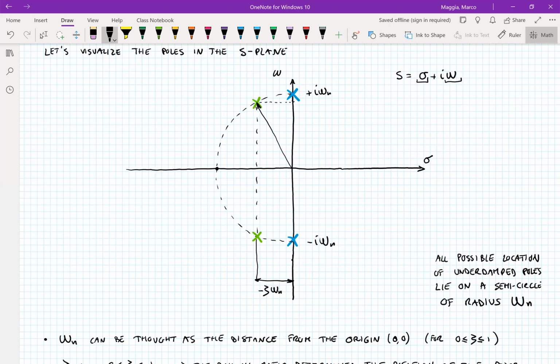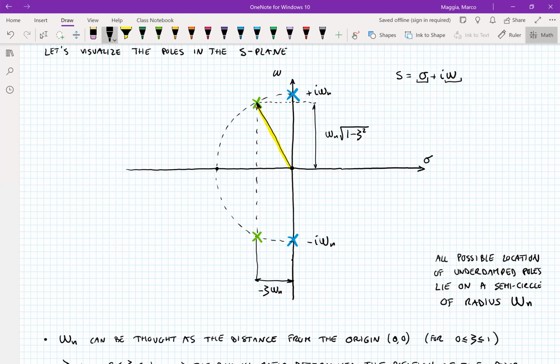And the y coordinate is instead, in other words, this distance is omega n square root of 1 minus zeta squared. So what is the length of this arrow here? That is, what is the distance between the underdamped complex pole and the origin of the S-plane?